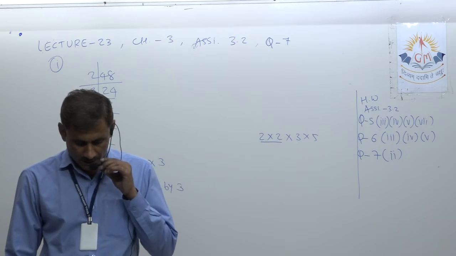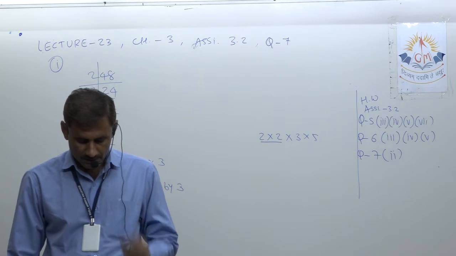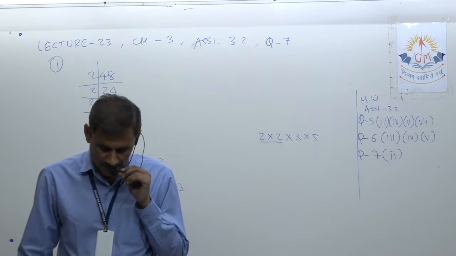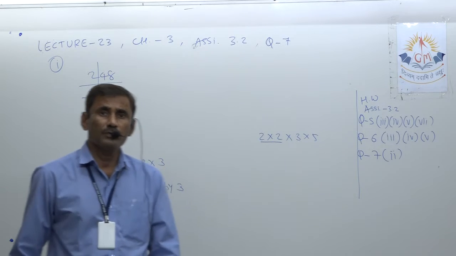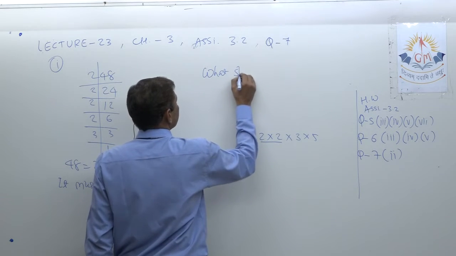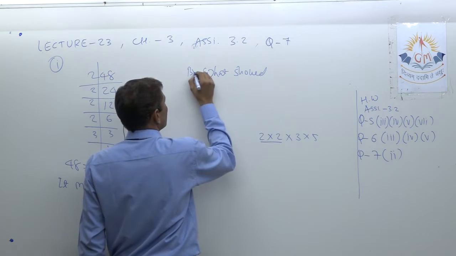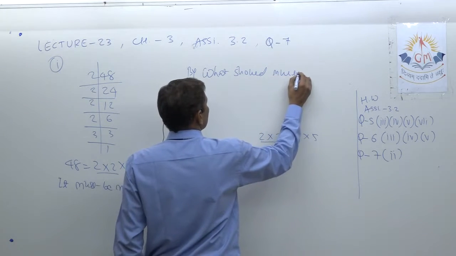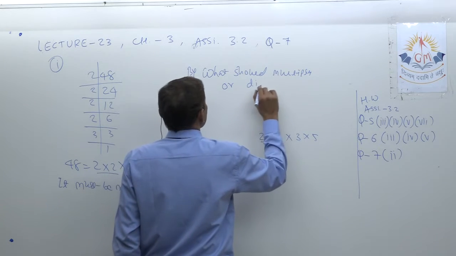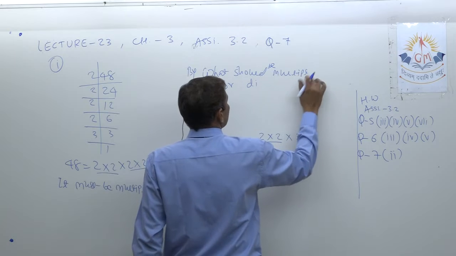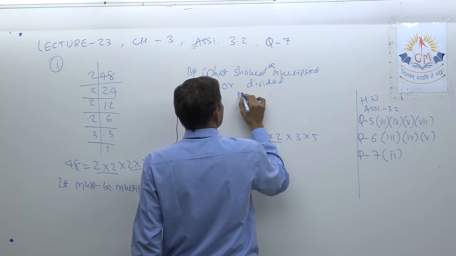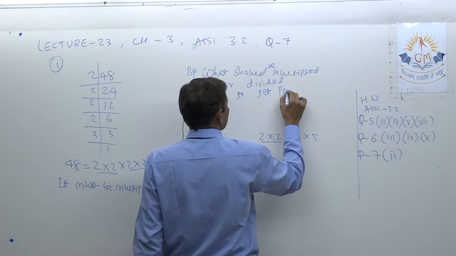Okay. Now in 8-1, what must be subtracted from 4562 to get a perfect square? I told you, what should be multiplied or divided, understand well, to get a perfect square number.